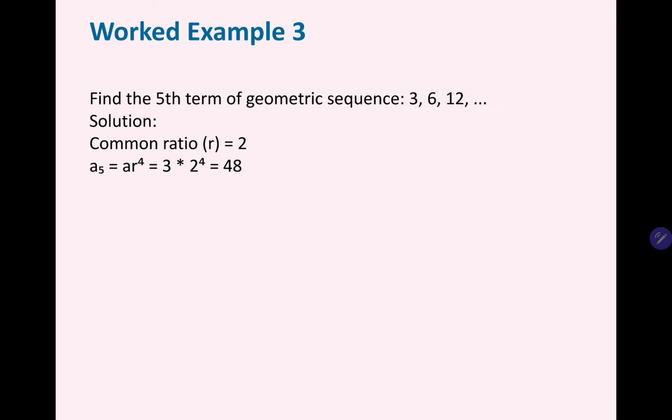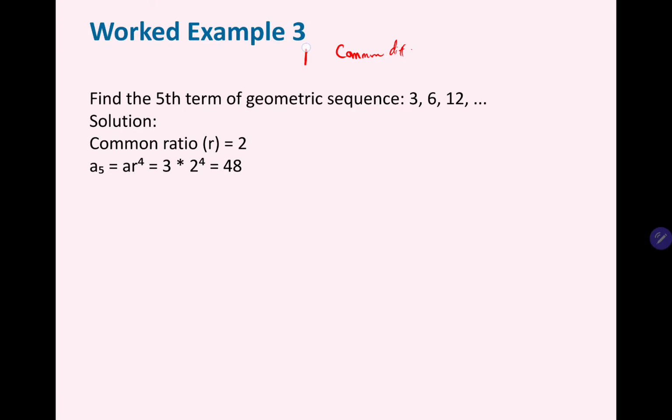All right, now let's look at geometric progression. When we talk of geometric progression, what differentiates it from arithmetic progression or arithmetic sequence is the difference. In arithmetic sequence, we call the difference the common difference, and the common difference is gotten by subtracting the preceding term from the next term.